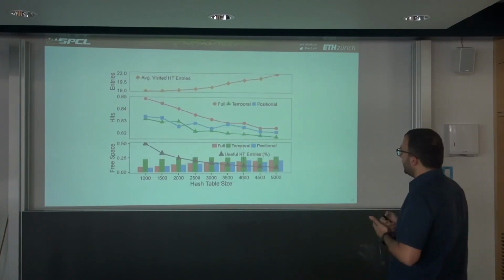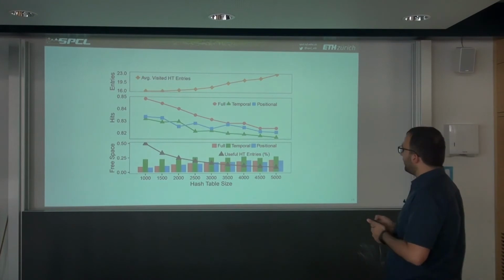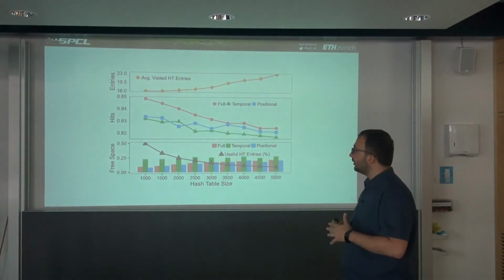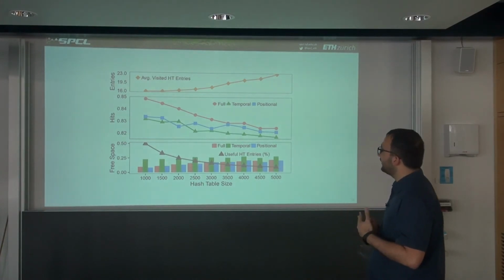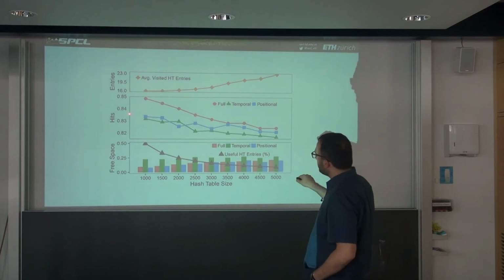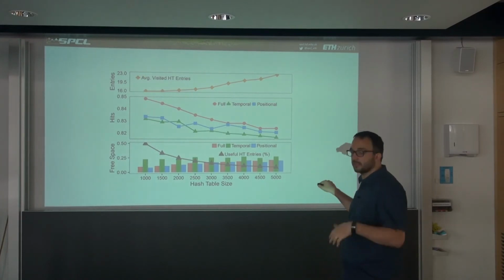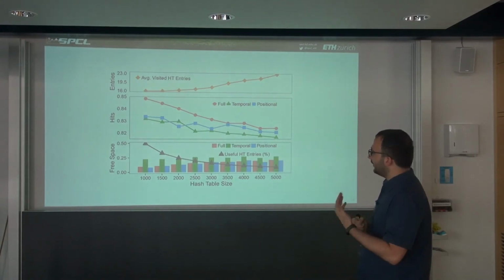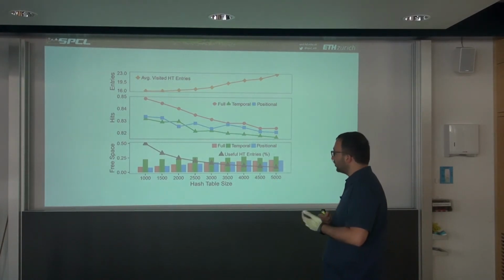This experiment actually shows this phenomenon. Here we fix everything, so we fix the workload, we fix the memory buffer, and we just vary the hash table size. And here you can see that by increasing the hash table size with respect to the workload, the quality of the eviction will decrease.